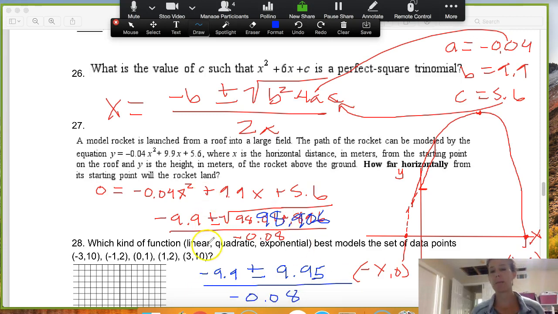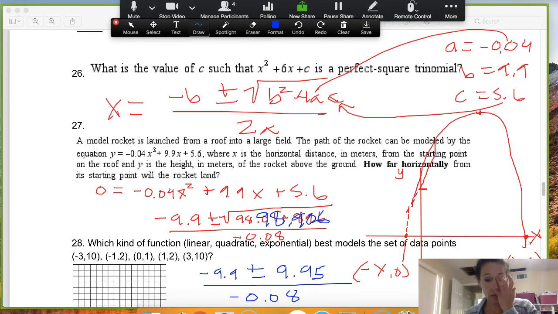So you have two problems. Negative 9.9 plus 9.95 divided by this. Negative 9.9 minus 9.95 divided by this. Let's do the first one. If I do negative 9.9 plus 9.95, this is going to give me 0.05 divided by negative 0.08.